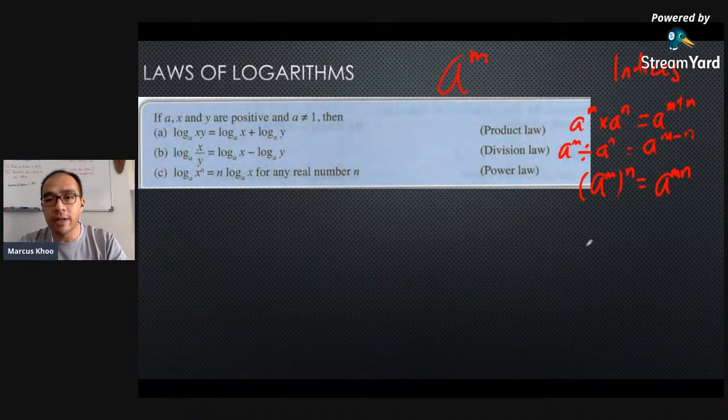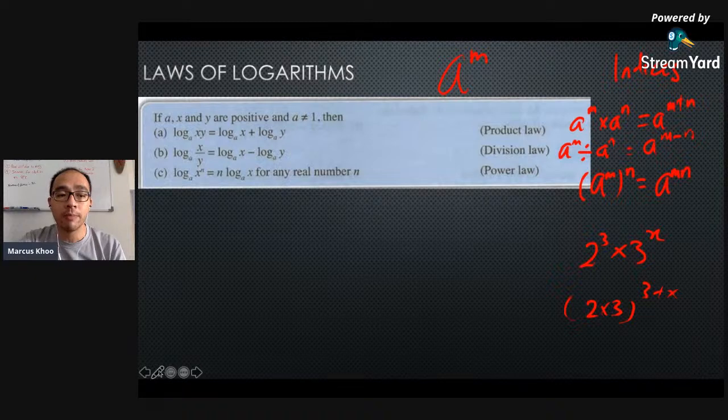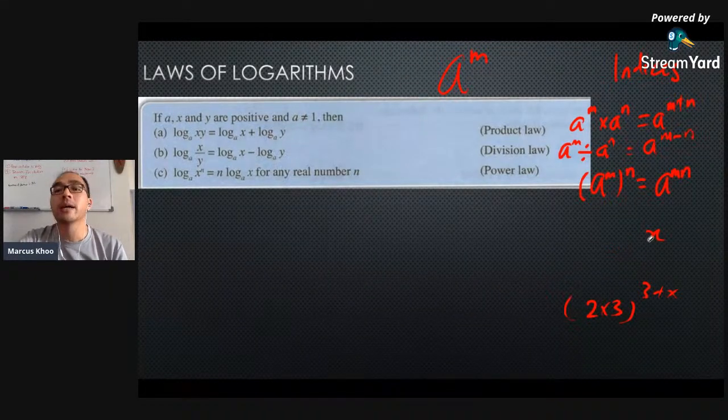If the base is different, for example, 2 to the power of 3 times 3 to the power of x, you cannot do anything because the base is different. You cannot do 2 times 3 and then 3 plus x. Slap your face. Cannot. This is not allowed because the base is not the same. So you must listen to what I'm saying: the base must be the same for all these laws to work.